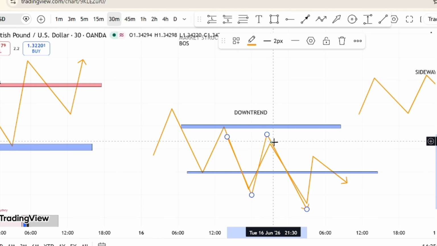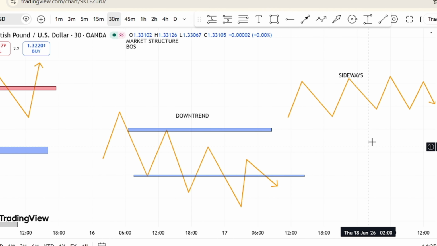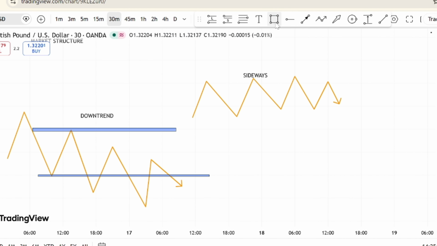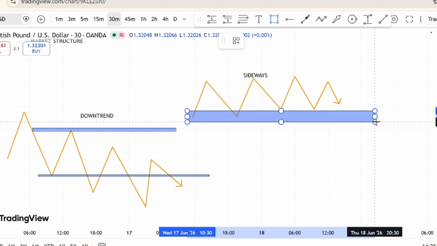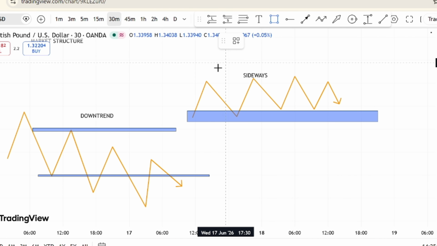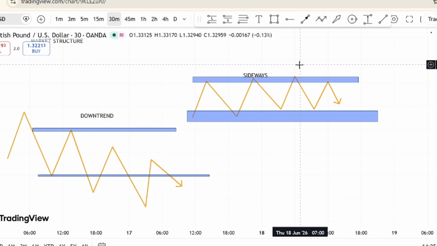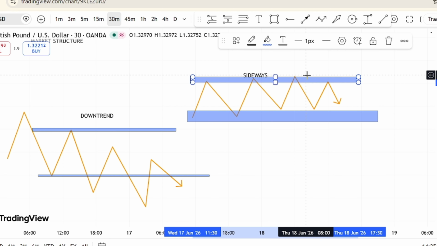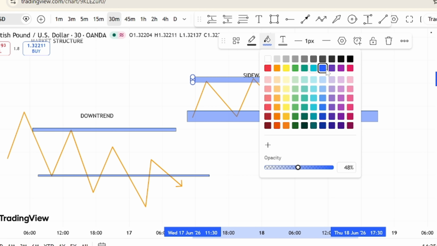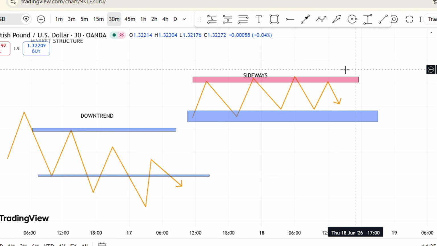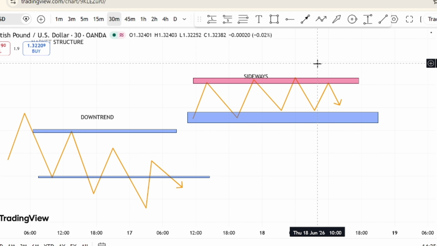Now that is what I was saying. In a sideways market, you can't do anything because there is no break of structure. Everything is just between two support and resistance zones. In this case, you cannot do anything, because if at all you are to sell or to buy, there is no break of structure according to our strategy.